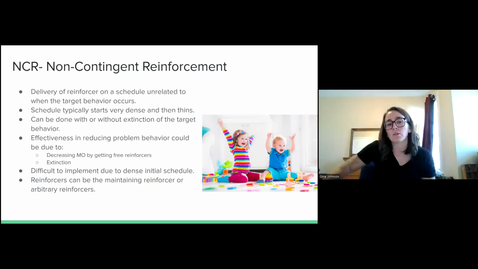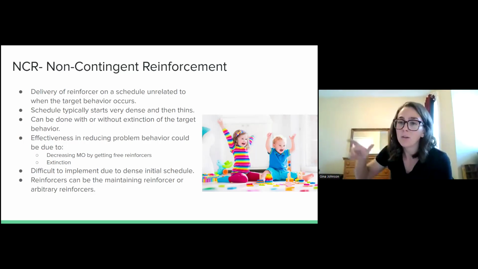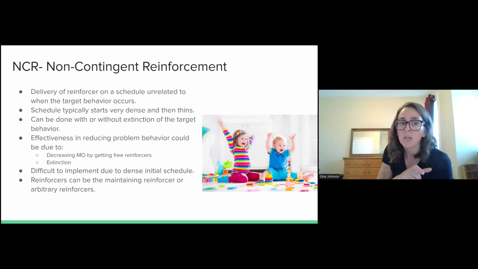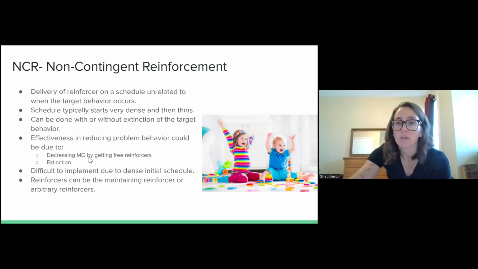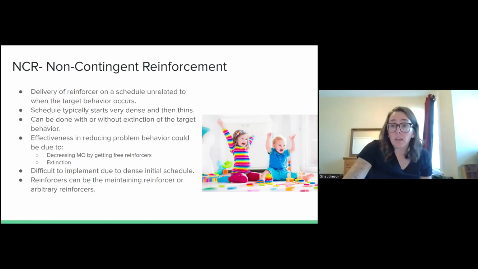The reinforcers can be the maintaining reinforcer, which means the reinforcer that's maintaining the problem behavior. So if it's an escape behavior, escape would be the maintaining reinforcer. Tangibles, attention, whatever it is. So the maintaining reinforcer corresponds to the function. With NCR, it can be that maintaining reinforcer, but many times arbitrary reinforcers are used as well.